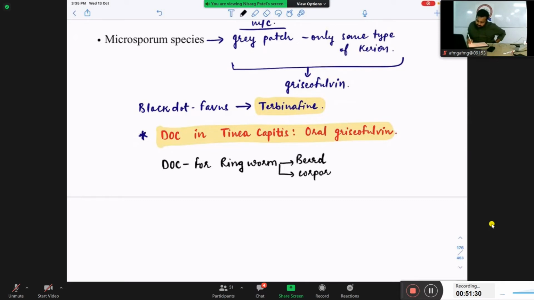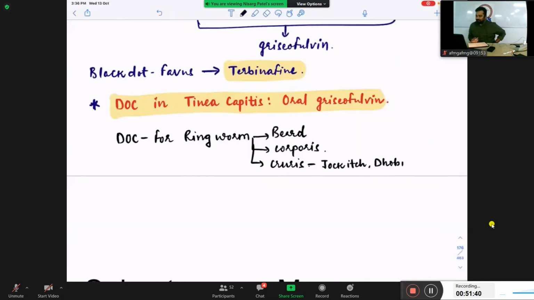Known as chalk itch, Dobie's itch, jock itch. In all these diseases, the drug of choice is terbinafine.